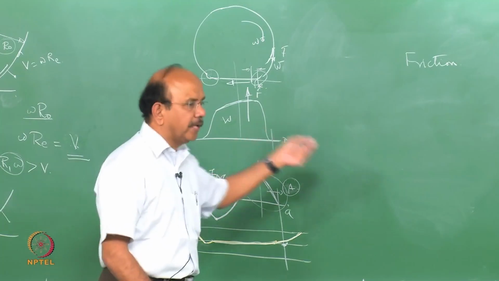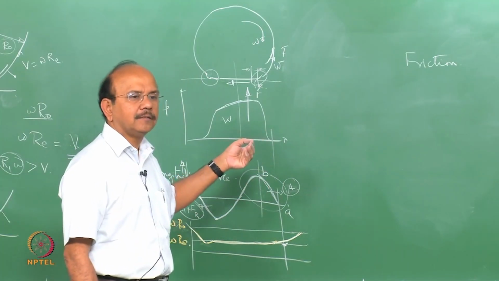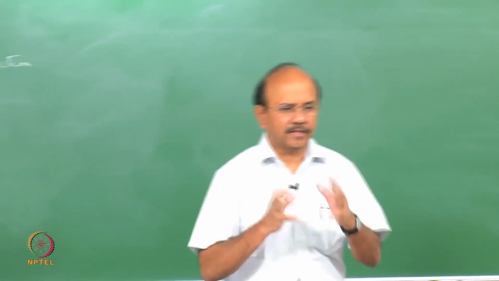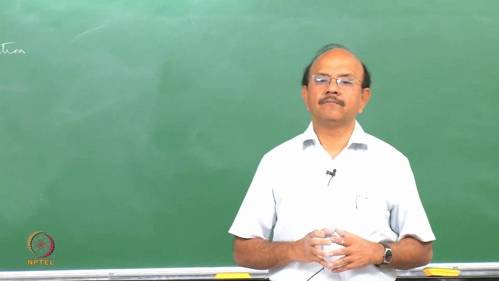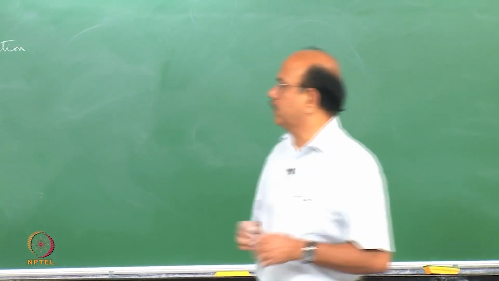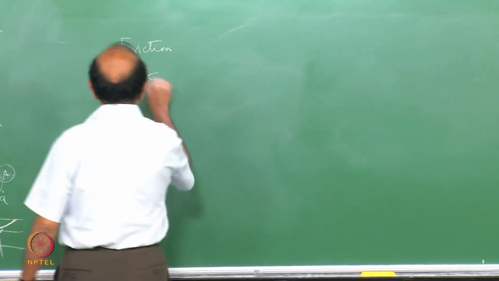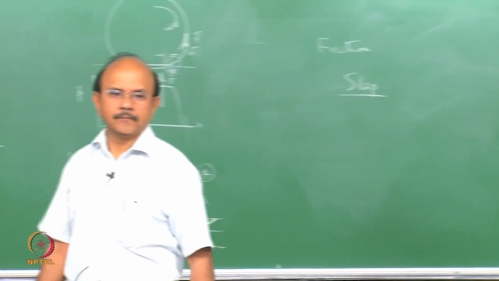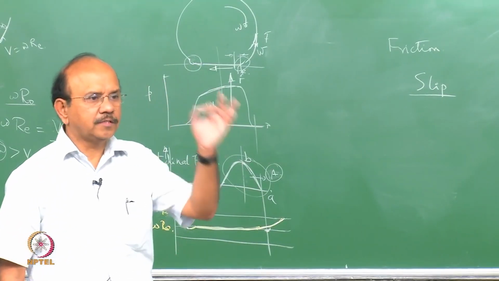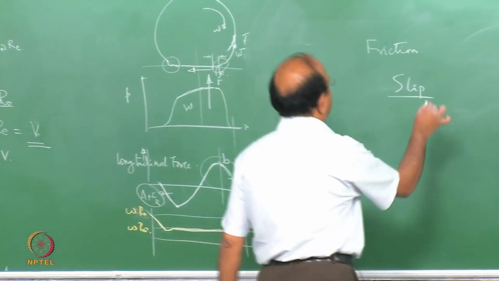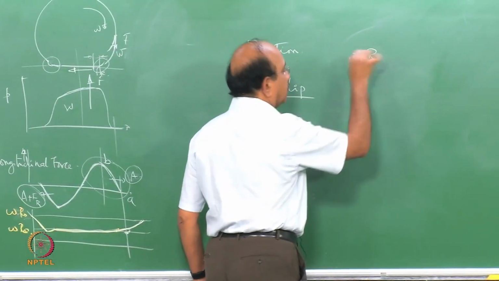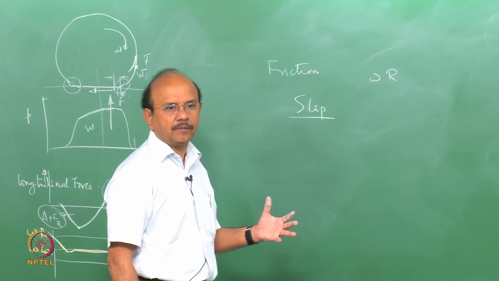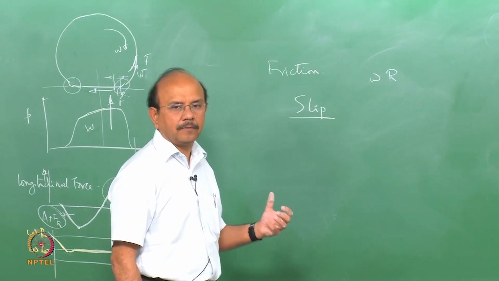So that is what is going to also play a role here, and we're going to see that for both braking as well as for acceleration. We'll take one case because the other case is just opposite. We'll take braking, we'll explain this and define a quantity called slip. In other words, omega r, and what is r is going to play a great role in our definition of slip.